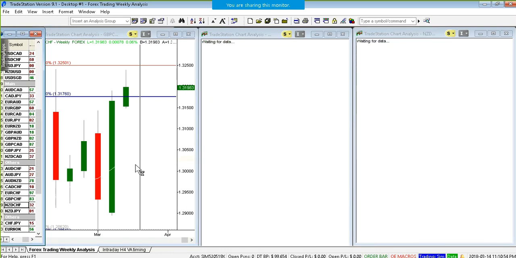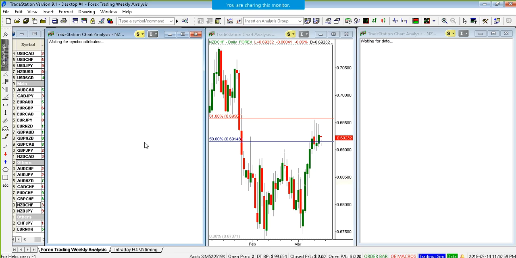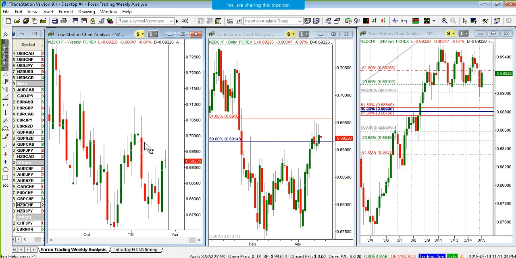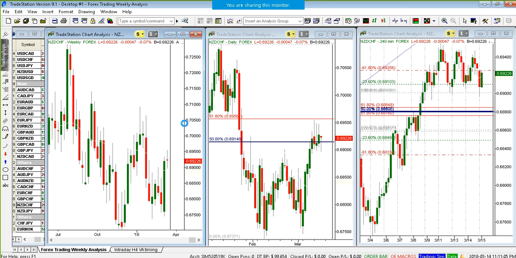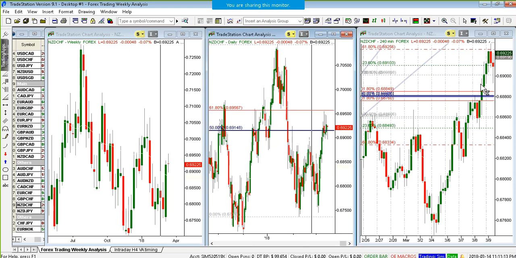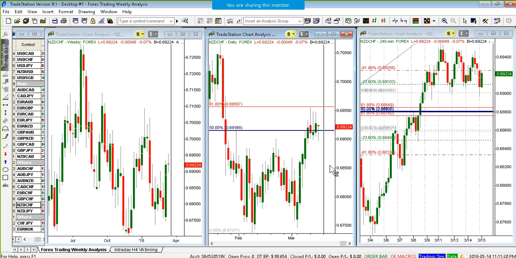New Zealand dollar, Swiss franc, it's a market that has moved into that 50% area here, and it has been rejected 3 times, and has also been holding here 3 times as well.